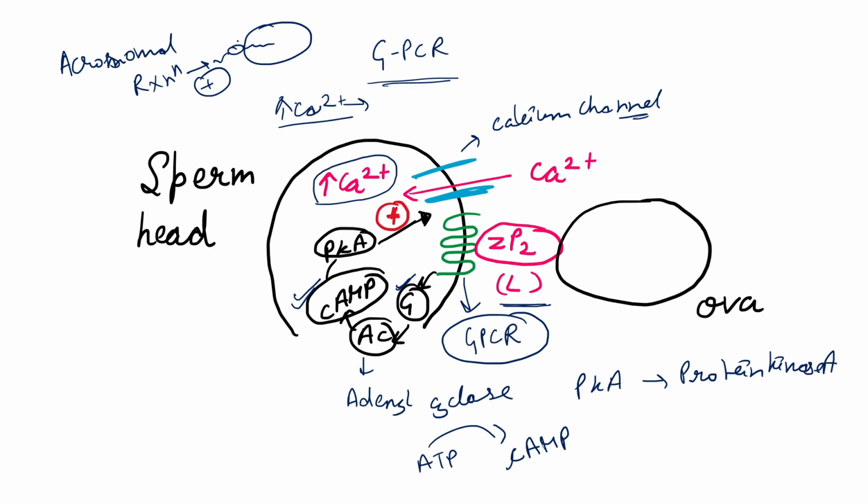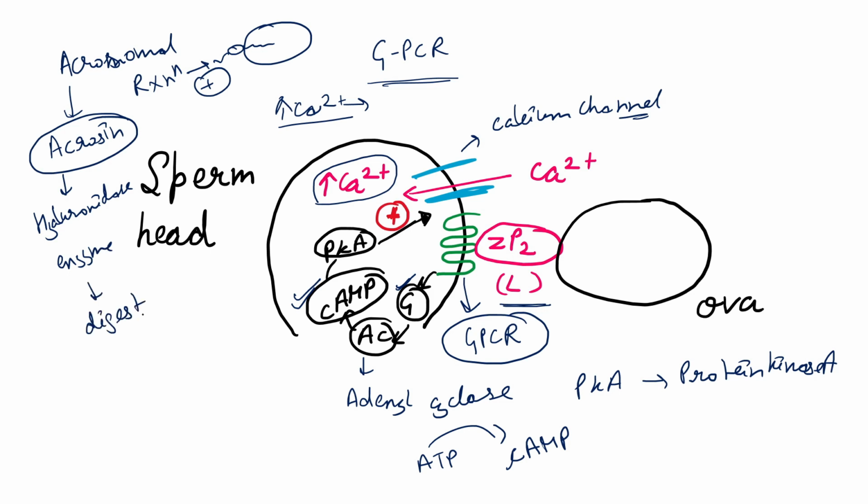Through this acrosomal reaction, the sperm will release some chemicals, acrosin, or we can call it hyaluronidase enzyme, which would digest the cumulus layer. So I think this much is clear to you all.